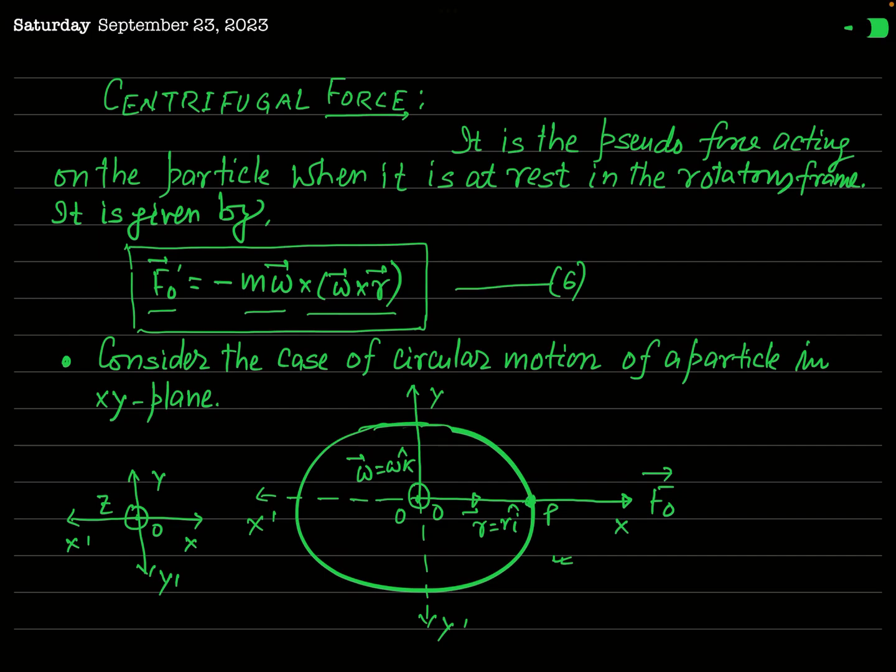But if we consider that the rotating particle is itself a frame, it means you are considering the motion of the particle which moves along a circle in its own frame. In fact, in that condition, we must consider the pseudo force acting on it.